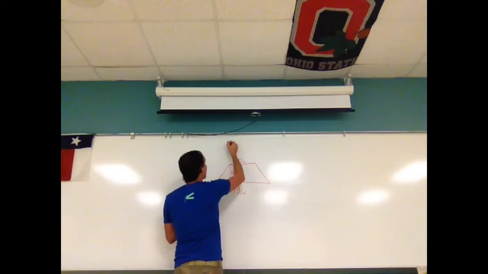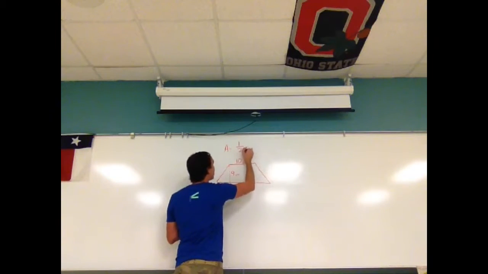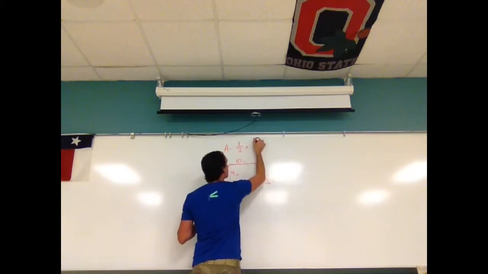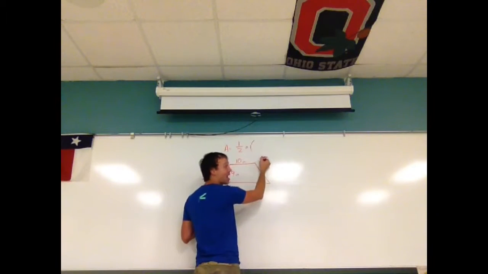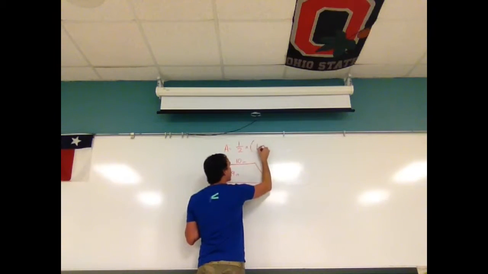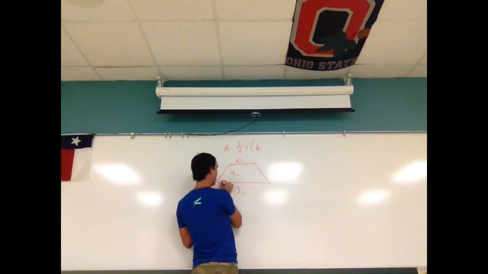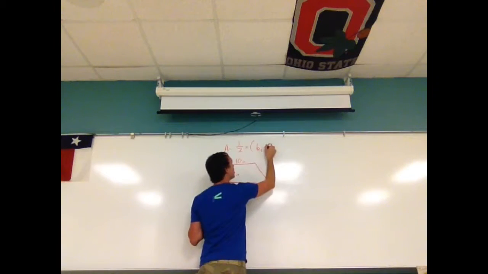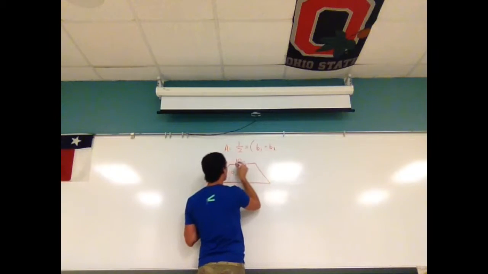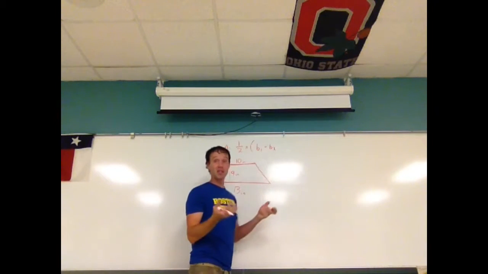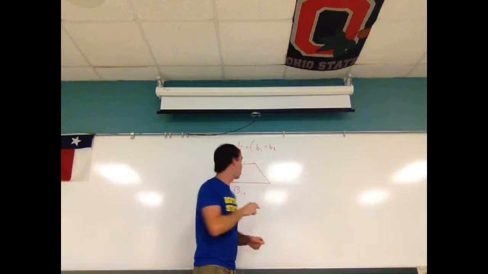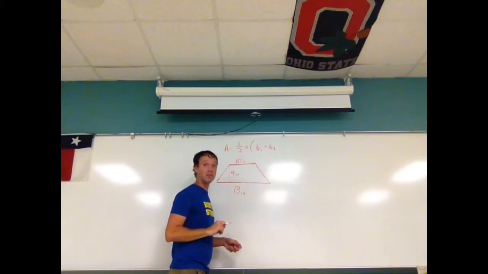Now, here's my formula for trapezoids, okay? Some people kind of freak out. You guys aren't going to, though, because you're brave, okay? My formula for the area of a trapezoid is A equals 1/2 times the sum of, we're going to add up base 1, which is down here, plus base 2, which is going to be this one up here, because basically if I flip that shape over, it would still be able to rest on one of the bottoms, okay?